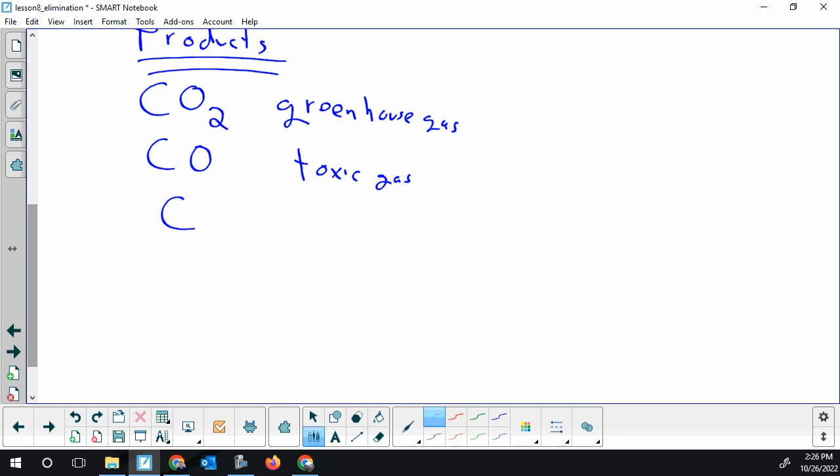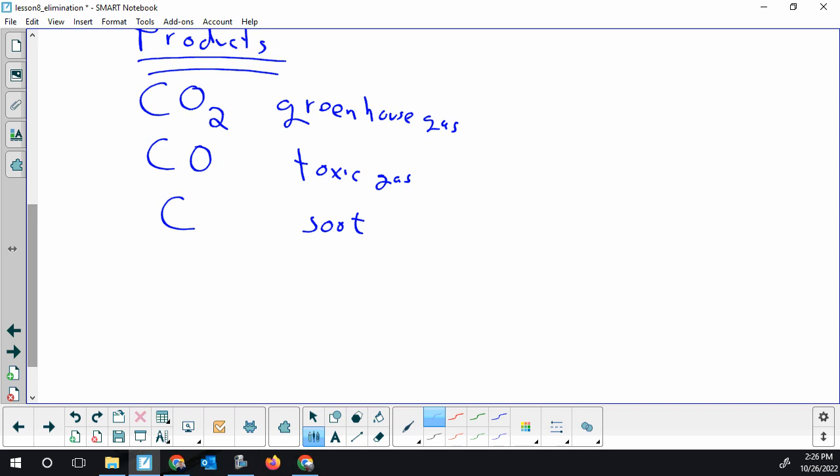You can also get carbon that has no oxygen attached to it. We saw this in thermodynamics. Okay? You do any type of combustion lab and you get some black soot. Okay? This is also very bad to breathe in. If you burn a lot of carbon, maybe in power production, and it hangs over your city, you're going to have very bad air quality. You don't want to breathe in soot.